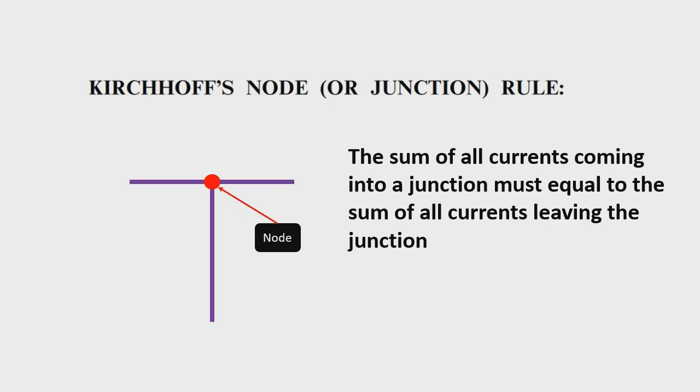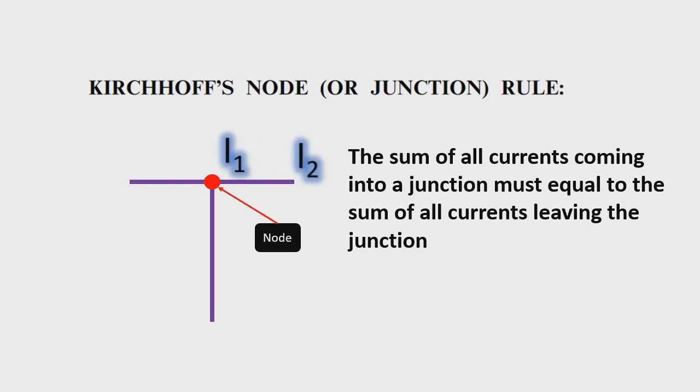For example, we have current 1 before the junction. Current 1 is leaving now the junction. Let us say there is another current, which is current 2, that is going to travel towards the junction at the same time will be leaving the junction.